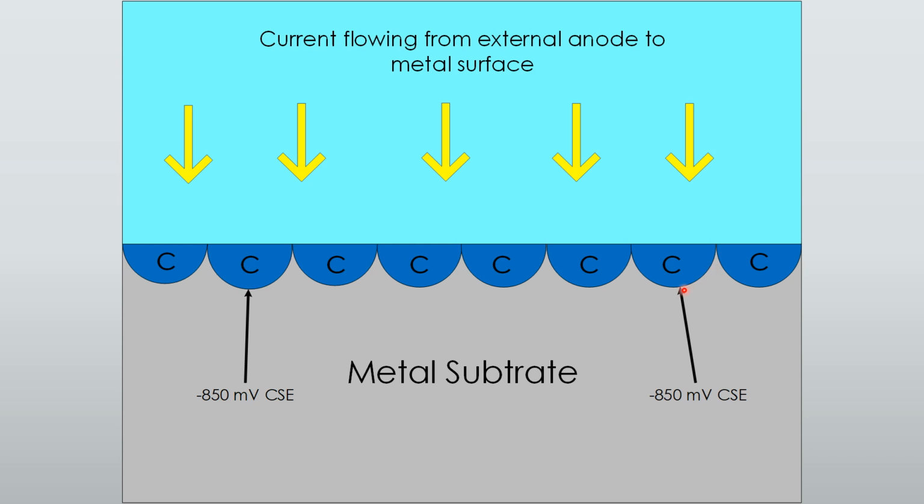They're all negative 850. We can't have any flow of current because we are now providing additional current, additional charge from outside of our system. So we're creating a micro cathode anode system, and we are changing that into a macro cathode anode system.